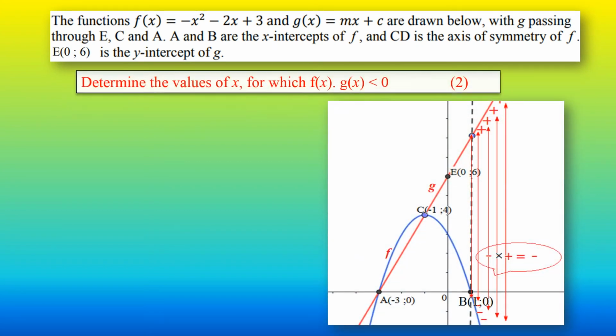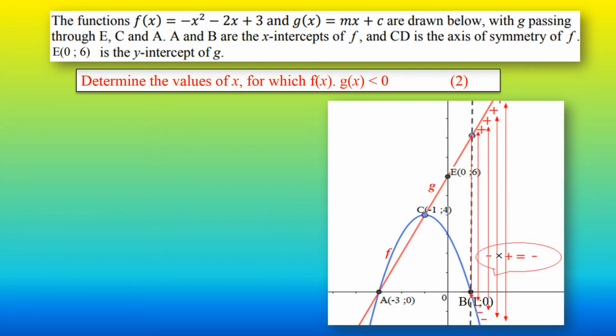Question continues. Determine the values of x for which f of x times g of x is less than 0. We read the graphs. F of x, starting from the left side, at the point A or before A, f and g are negative.